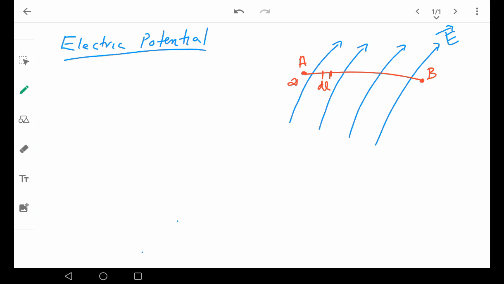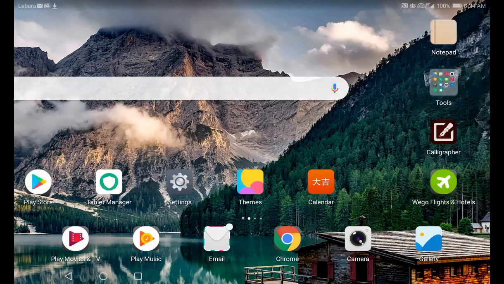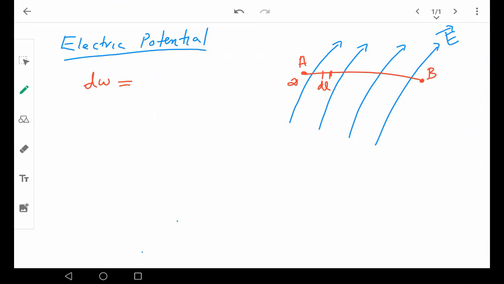In that case, the work that you have to do, the small elemental work dW, will be equal to minus F dot dl, where F is the force due to the electric field.